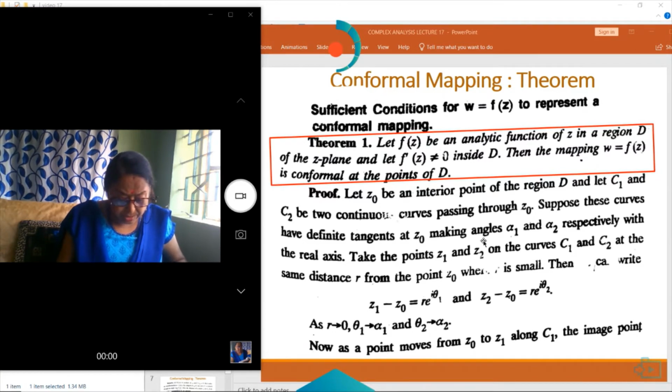As r tends to 0, theta 1 tends to alpha 1 and theta 2 tends to alpha 2.